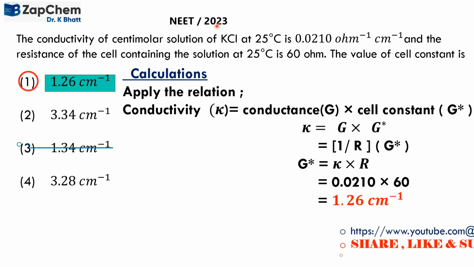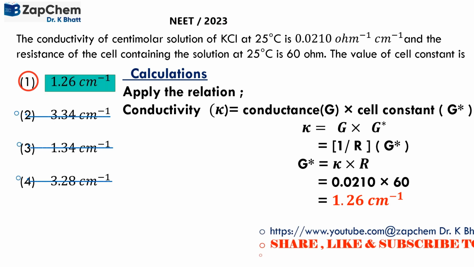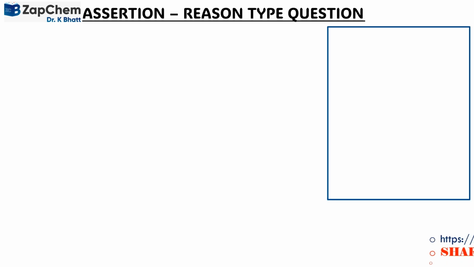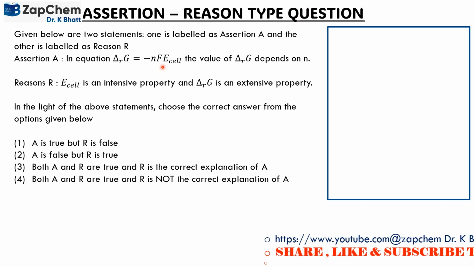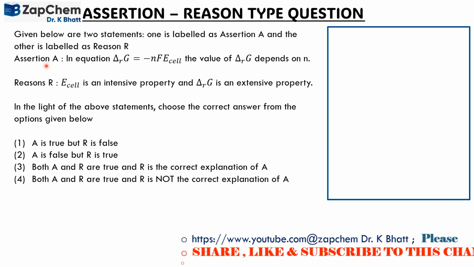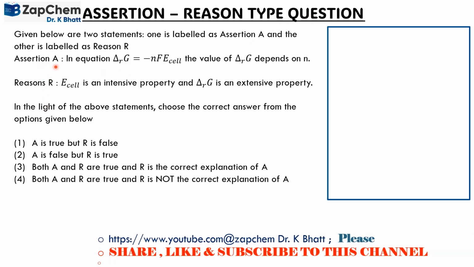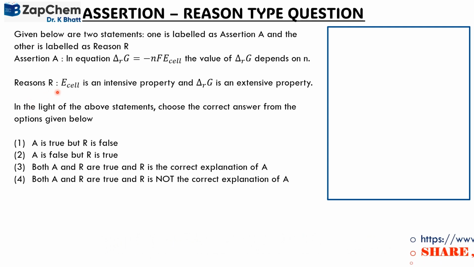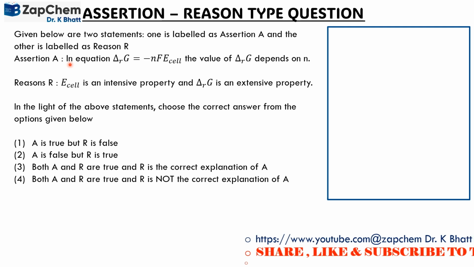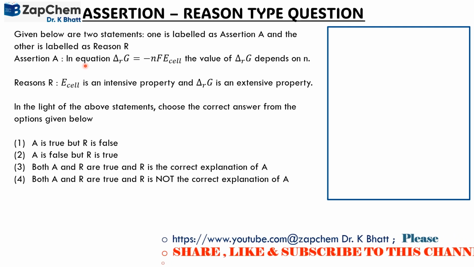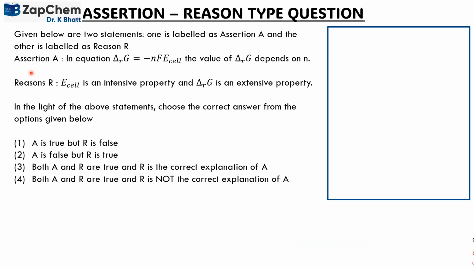The next question we have to take up is an assertion reason type question. As usual, there are two statements provided. One is known as assertion A and the other is known as reason R. We have to consider carefully the statements provided here for assertion as well as for reason.